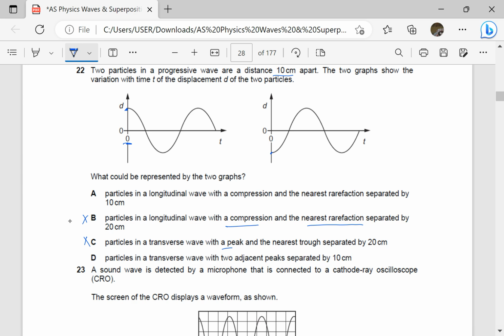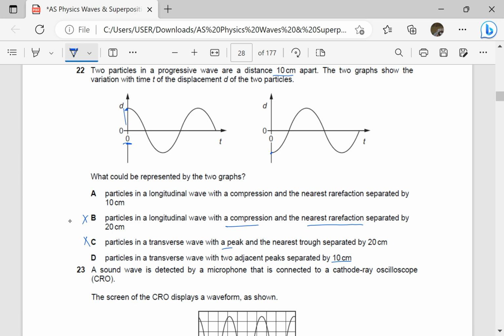Particles in a transverse wave with two adjacent peaks separated by 10 centimeters. These cannot be adjacent peaks because at t equals 0, the displacement, let's check.